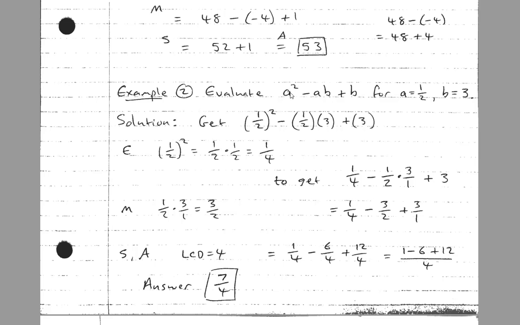This a squared means whatever a is, it's going to get squared, minus ab. So this is a times b, and then plus another b. And so substituting looks like this. The a's get replaced by 1/2. B's turn into 3's in parentheses.